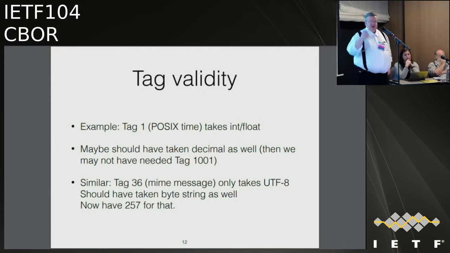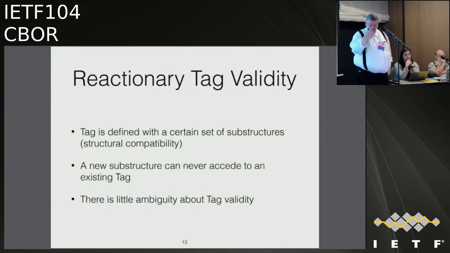So let me just propose 2 models using some terms I borrowed from the political space. You can define tag validity in a reactionary way, which means you write something down, and then you spend the next 200 years trying to interpret what the founders meant. So a tag is defined, at the time it is defined, with a certain set of substructures that are acceptable.